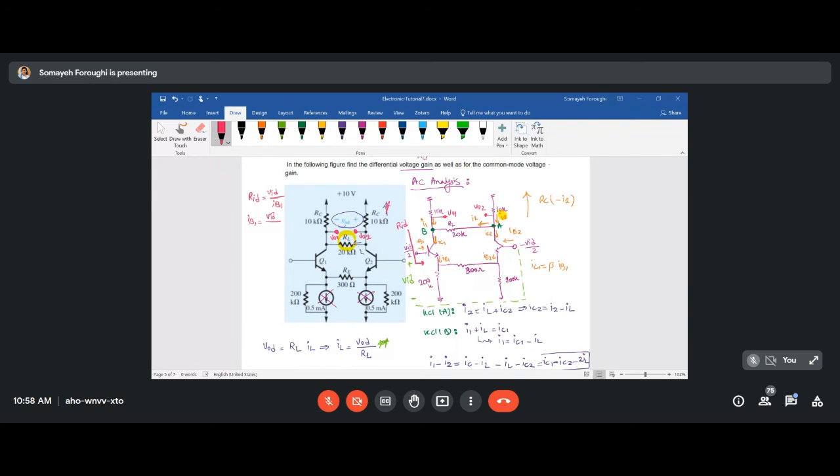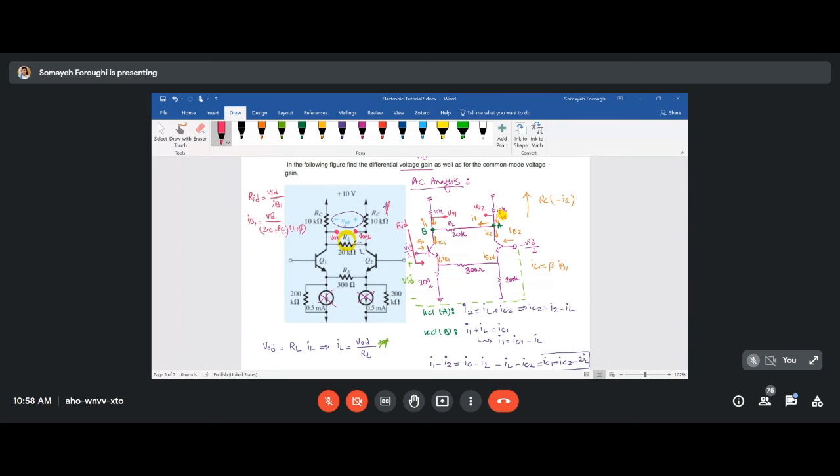And the resistance that you can observe from the base of Q1 will be simply that RE times that little re times 1 plus beta. So it will be 2 times re plus that capital RE times 1 plus beta.